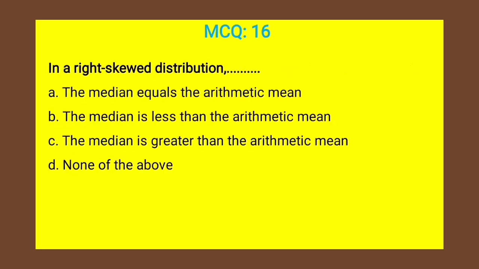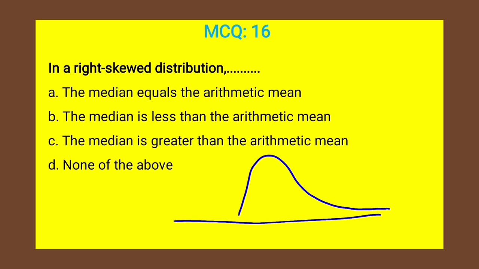In a right skew distribution, it's the same thing as a positive skew distribution. If you don't hear right skew, you'll hear positive skew, meaning that your distribution is going to look like this, where it tails off to the right-hand side, or moves in the right direction.